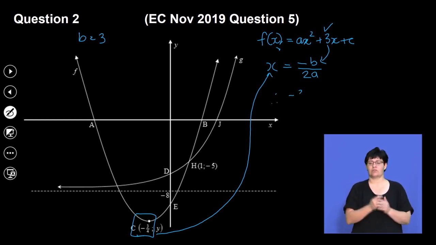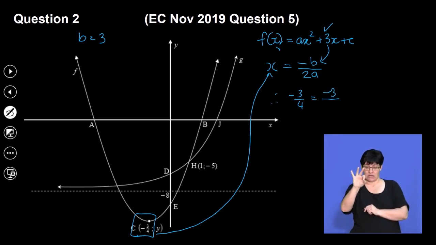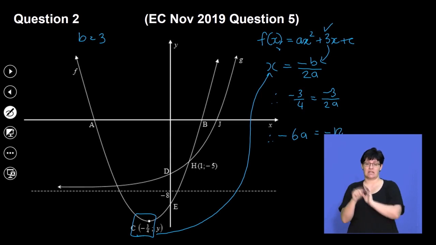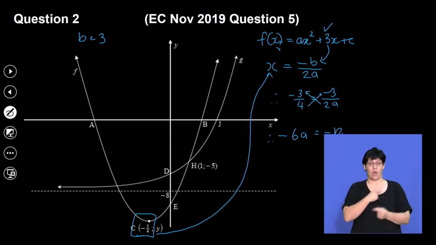So minus 3 over 4 is equal to minus 3 over 2a. I'm going to cross multiply over there, so I get minus 6a is equal to minus 12, which I can do when I've got one fraction on each side of the equal sign. So therefore, a must be equal to 2. Okay, so I've got my a.